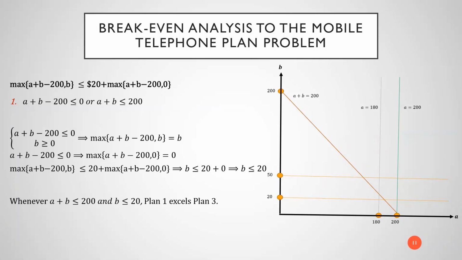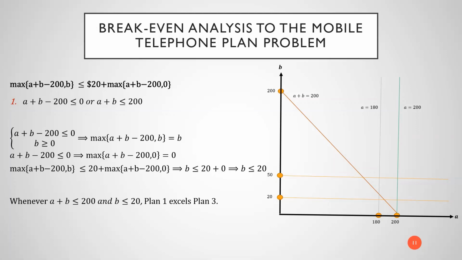Replacing the related values, B should be less than or equal to 20. So if these two statements exist, then I can prefer plan 1 over plan 3. I mean, if A plus B is less than or equal to 200, and also B is less than or equal to 20, then I can choose plan 1.